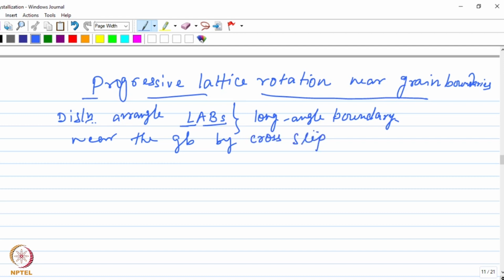So the arrangement of the dislocations in this kind of low angle boundary configuration is known as dynamic recovery. We have seen before that recovery occurs during the static recrystallization process also. Recovery is the stage which precedes the recrystallization. So here also the recovery can take place, and this occurs primarily by the rearrangement of the dislocations, right?